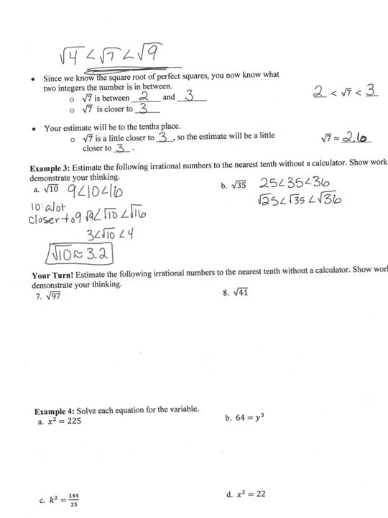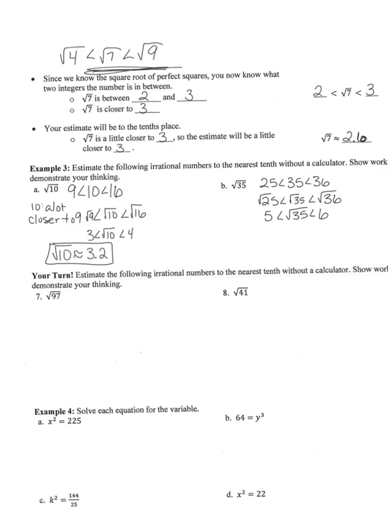So now we're going to find those square roots of 25 and 36. The square root of 25 is 5, and the square root of 36 is 6. So we know the square root of 35 lies somewhere between 5 and 6.